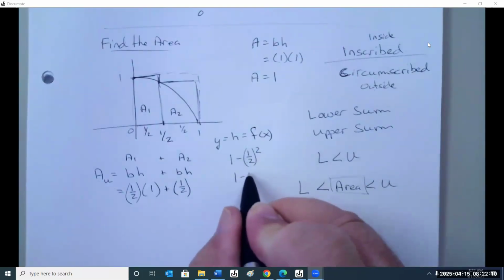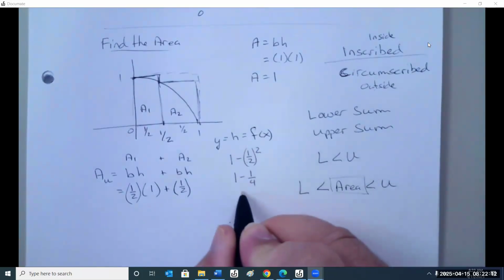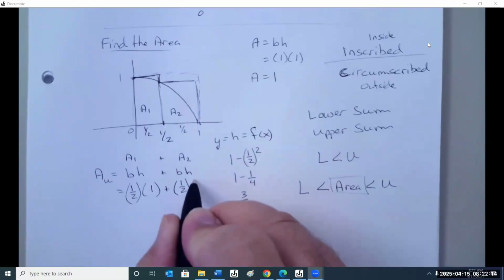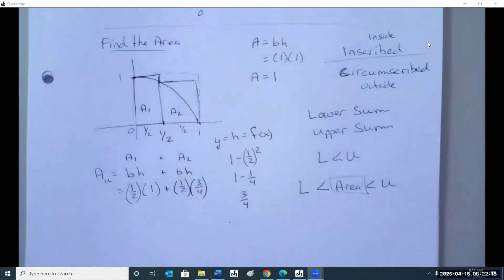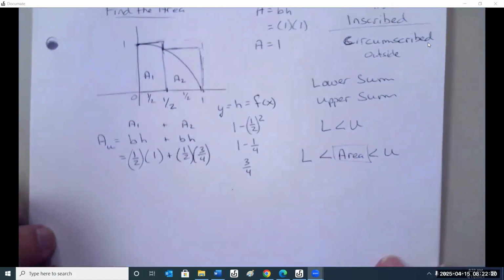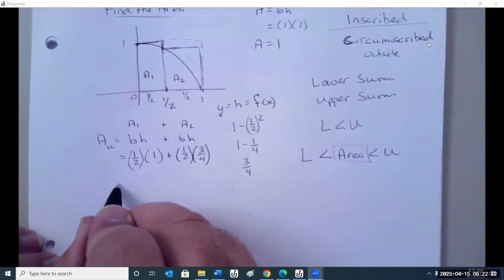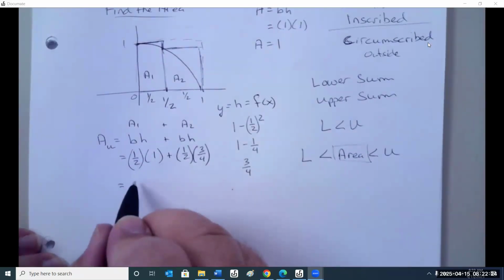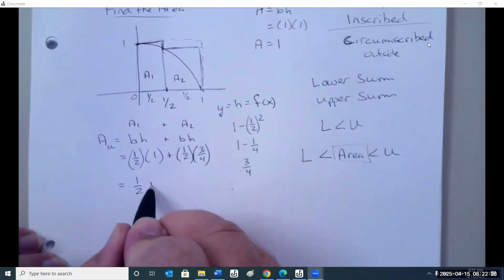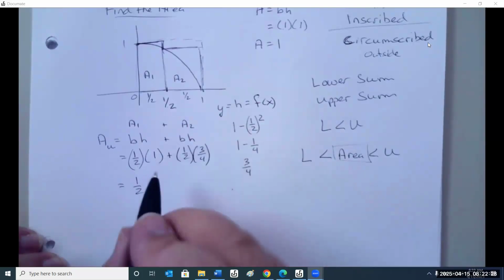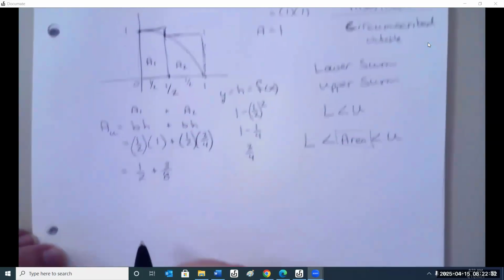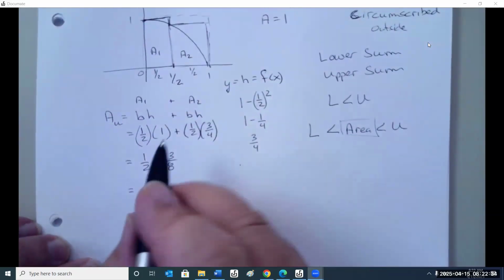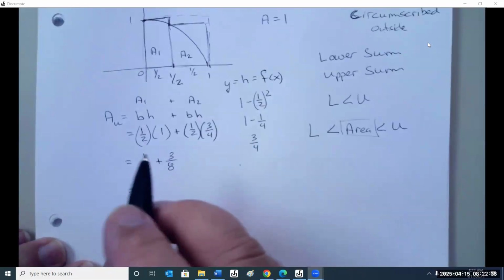So 1 minus 1/4 is 3/4. So 1/2 times 1 is 1/2. 3 times 1 is 3. 2 times 4 is 8. So now we get a common denominator.